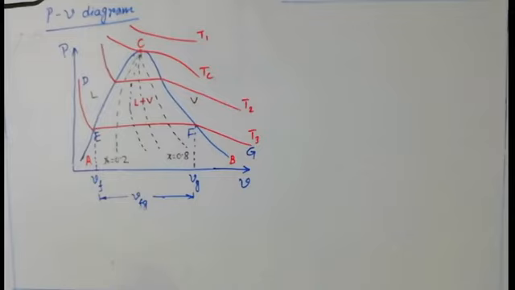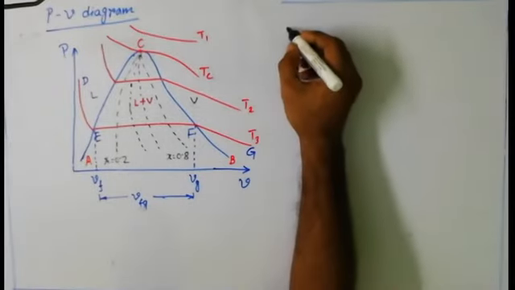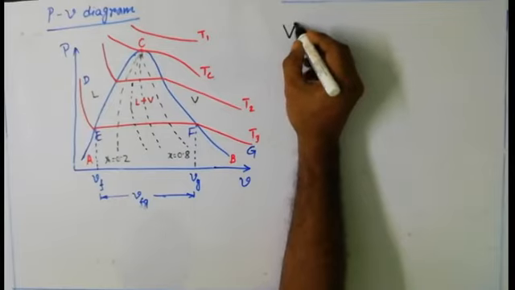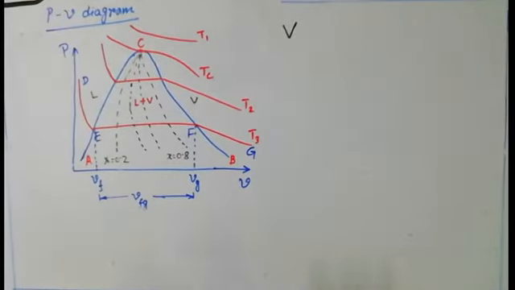Suppose we are talking about a volume of water, and we are considering that as capital V. So the volume of water that is being converted into vapor, suppose that is V.